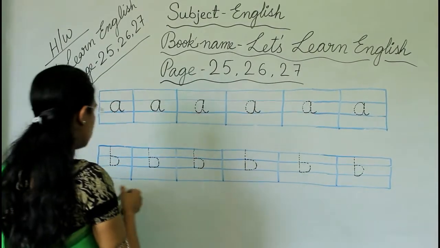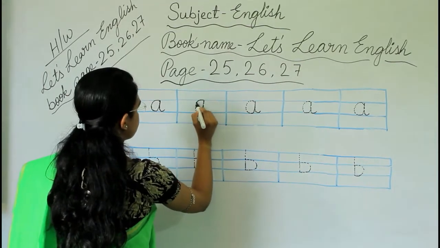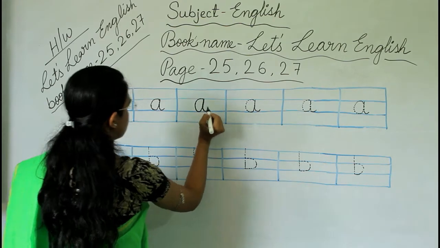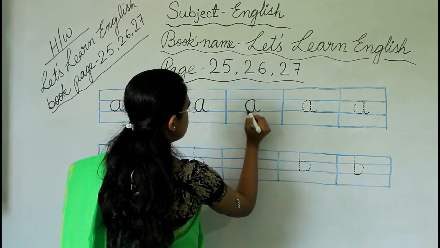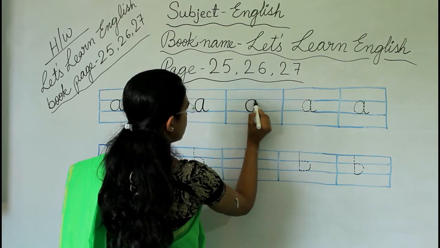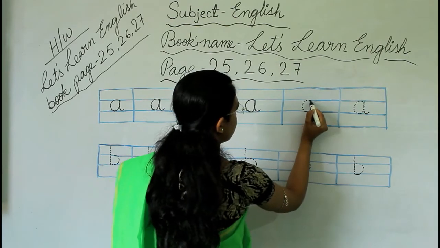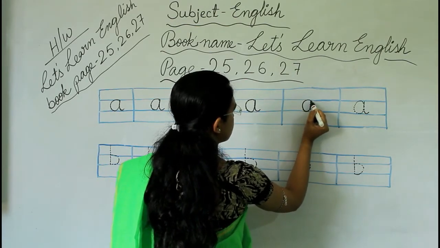Now again we will write a small letter A like this, okay? First a curved line, then a straight line, then another curved line. You have to just join the dots like this.